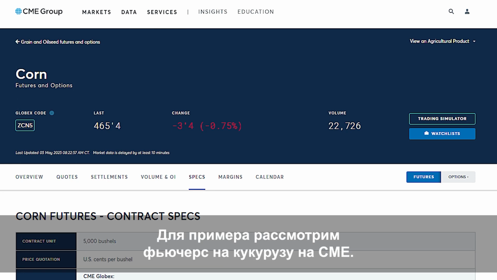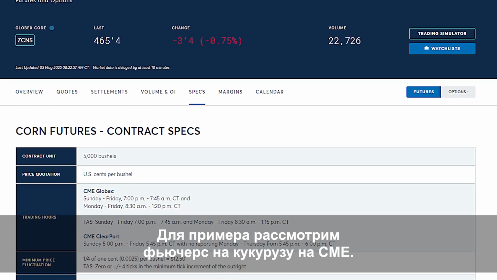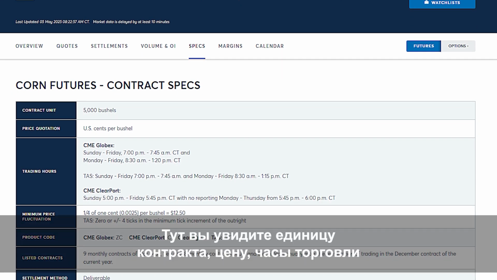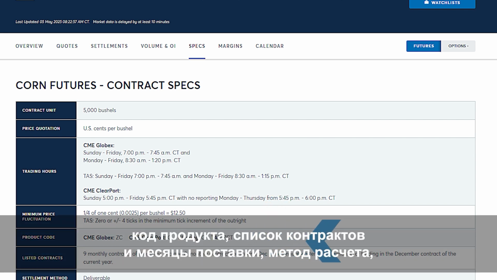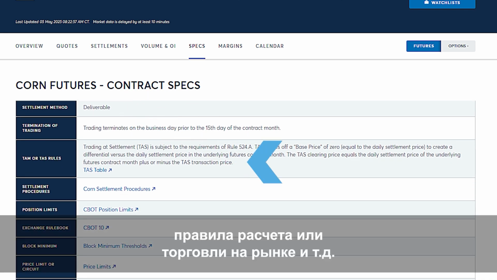Now, to illustrate, let's take a closer look at the CME's corn futures contract. Here you will see the contract unit, price quotation, trading hours, minimum price fluctuation in tick size and value, the product code, listed contracts and delivery months, settlement method, certain market trading or settlement rules, along with various other details.